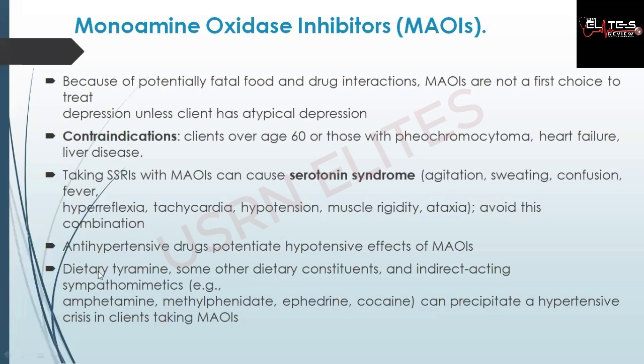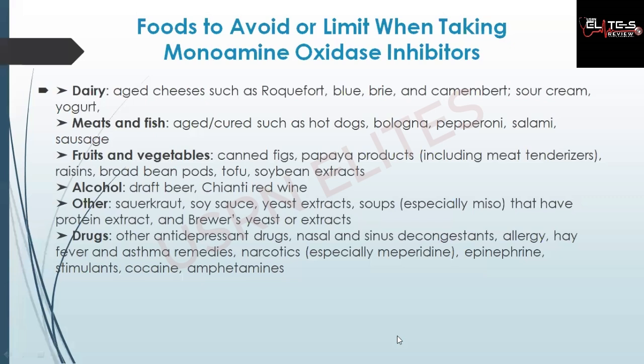Okay. So this dietary tyramine that we talked about, this is it. Some of the foods to avoid. Dairy products. And what do we mean by dairy products? Examples are aged cheeses. We have some forms of cheese that they can take, they have very little or almost no tyramine. So if you want to be sure the answer choice you are choosing is correct, look out for aged cheese.